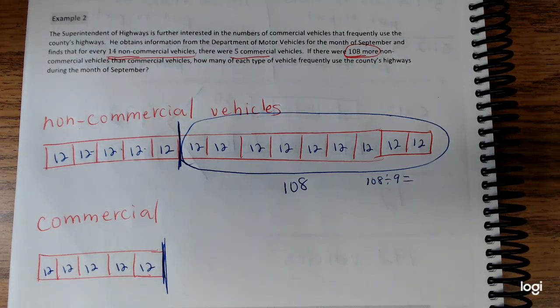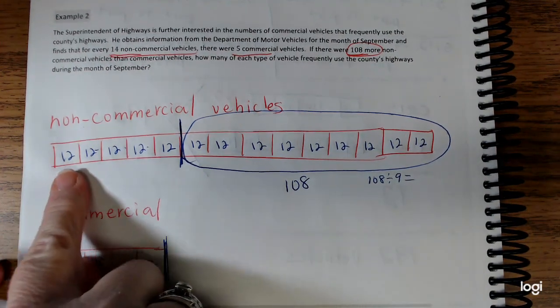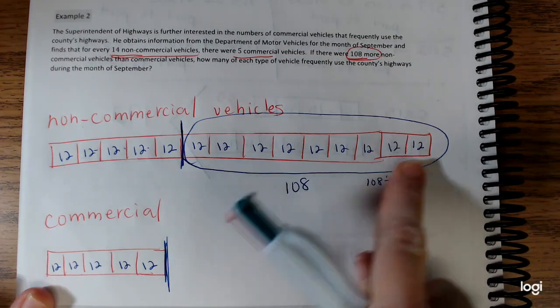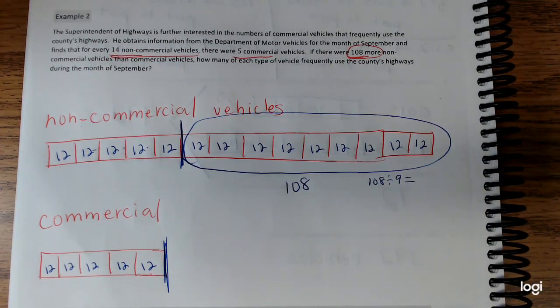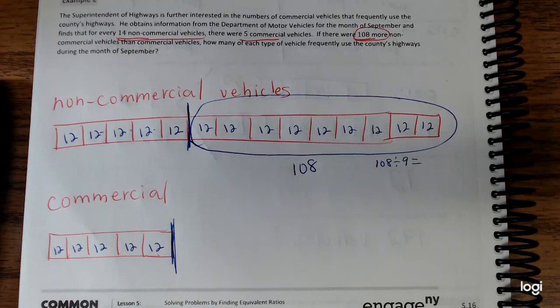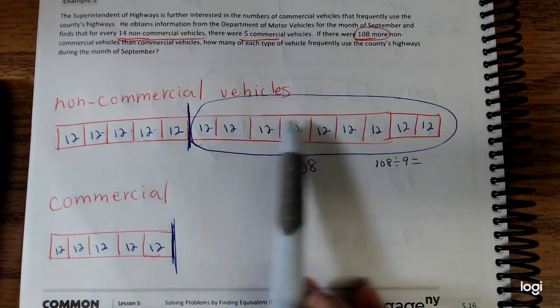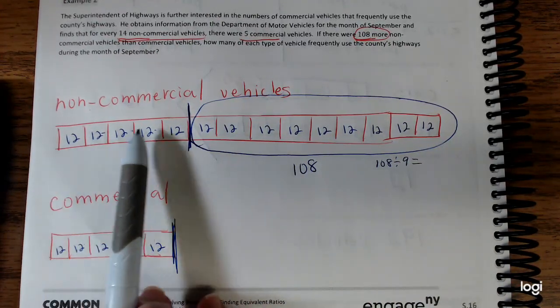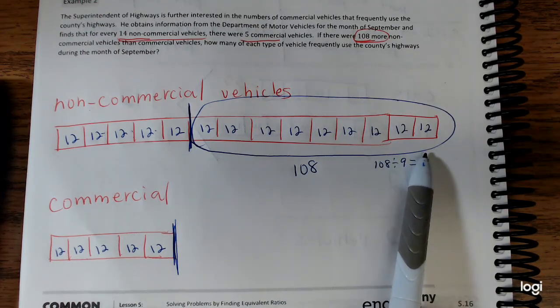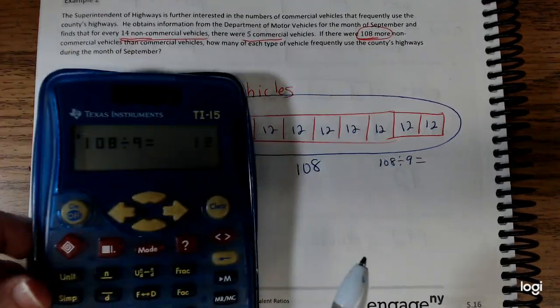Okay, so now we can actually solve how many non-commercial vehicles there are in all and how many commercial vehicles there are in all. We're going to find out how many non-commercial vehicles we have. Remember, we made 14 boxes, so we are going to take 12 times 14.